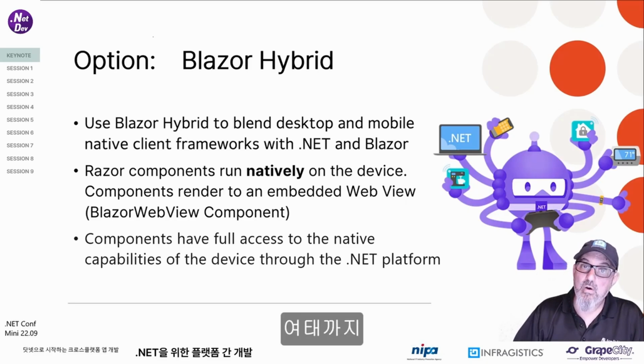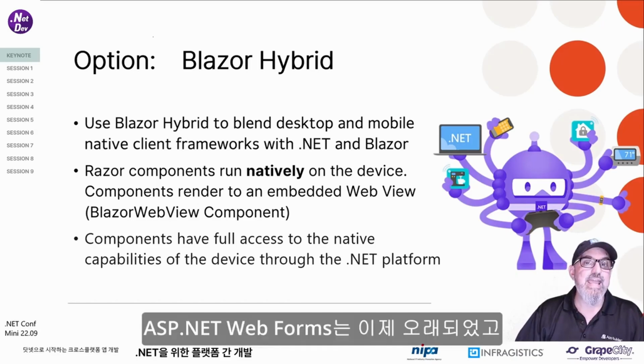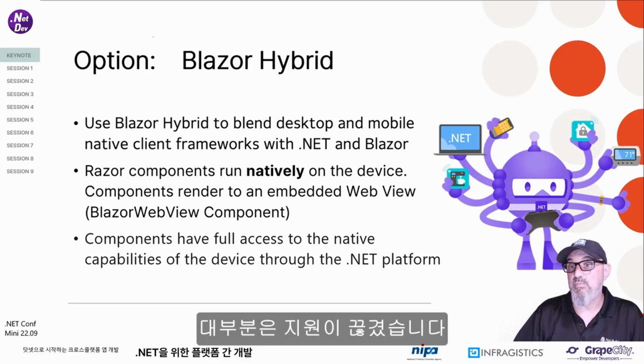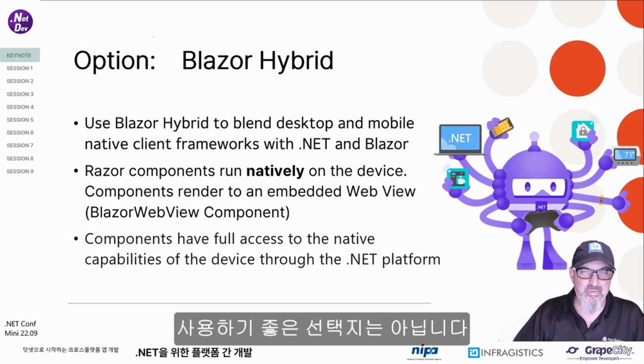Up until now, our only options were really React and Angular and maybe jQuery before that. ASP.NET Web Forms is legacy, retired, and for the most part not supported, and MVC really isn't a great option for building a line of business application in general.